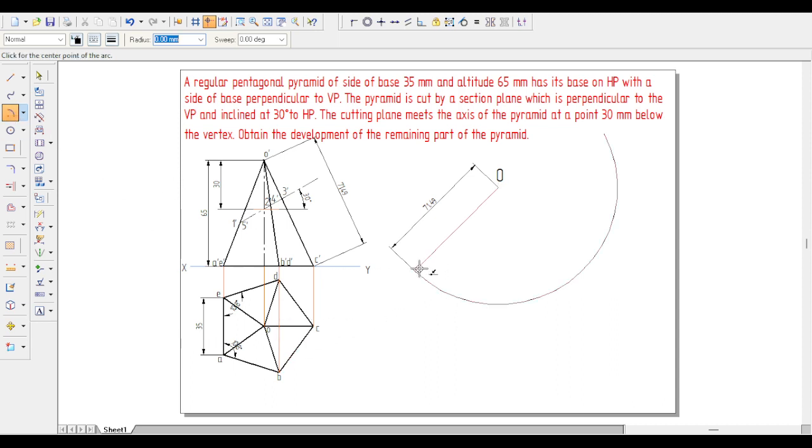I will take this as the center again, radius equal to 35 mm, and proceed to draw until you get the 5 sides. This is one, like that 2, 3, 4, 5. You just need to go on drawing this one.